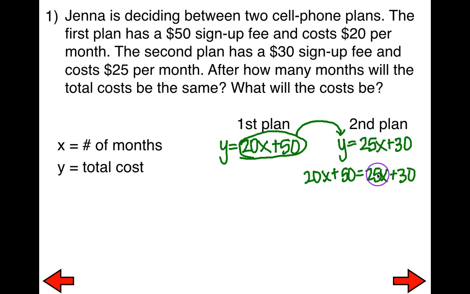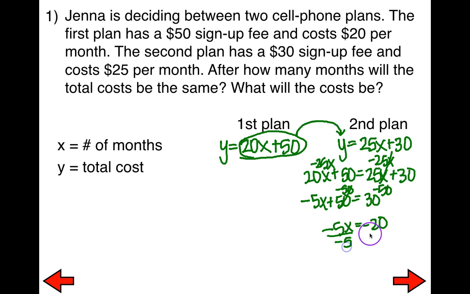Same idea here. Since we have variables on both sides, I'm going to move it over to one side. I normally move it to the left, but you could always move it to the right if you choose. Still leaving me with negative 5x plus 50 equals 30. Same idea, get rid of your constant, leaving me with negative 5x equals negative 20.